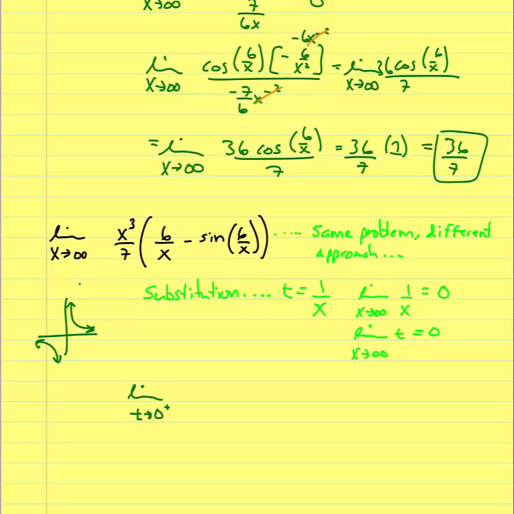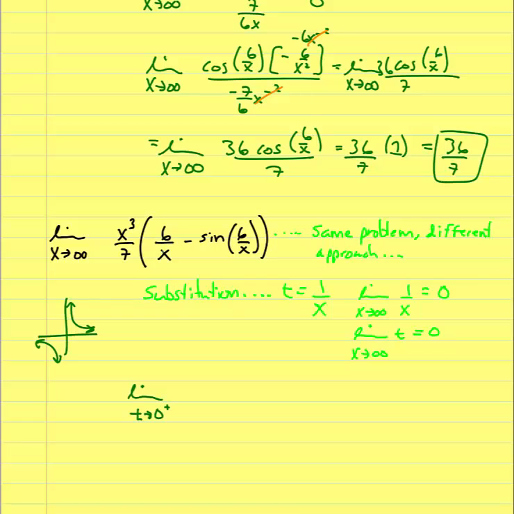So let's go ahead and rewrite this expression and see if we can get this into some sort of form where we have an indeterminate L'Hopital's right away and it's easier to take the limit. Now we're trying to rewrite this, so the limit as t approaches 0 from the right.